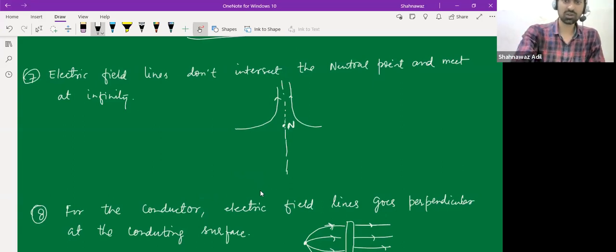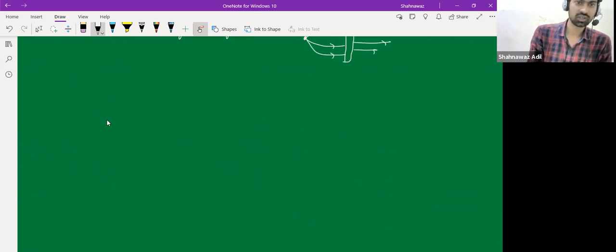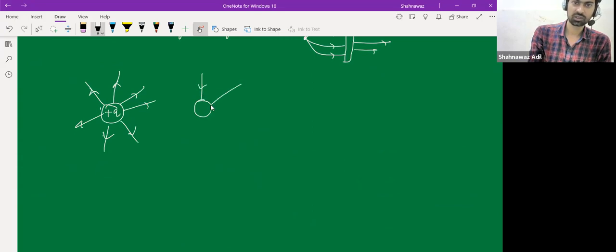Okay, so now let us draw some electric field lines of some known electric fields, right? So let's say you have this positive charge, plus Q, we already drew. And for the negative charge, this would be the case.